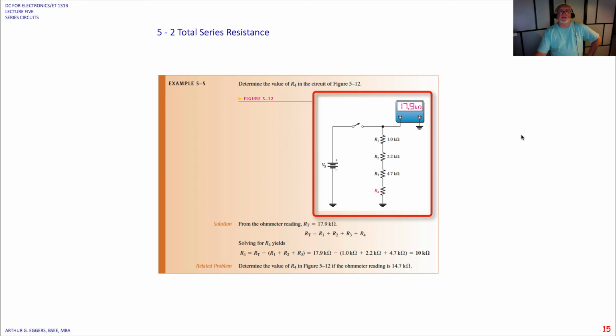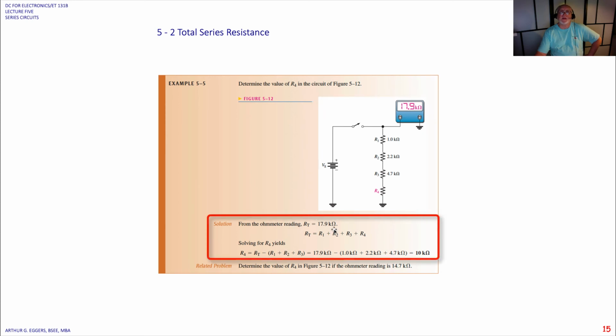In this circuit, they're giving you an idea of using a piece of equipment. They want us to determine the value of R4, which is the one in red down here in the circuit. From the ohm meter reading, the ohm meter is telling you that the total resistance is 17.9 k ohms. So if you add all of these resistors plus the unknown together, you would measure 17.9 k ohms.